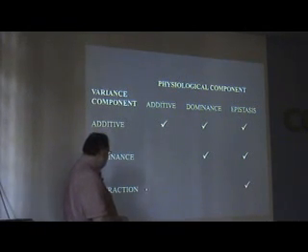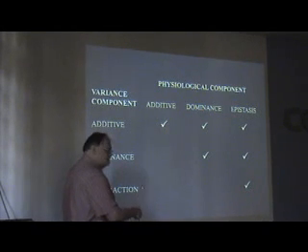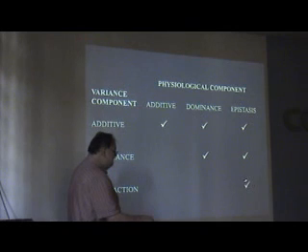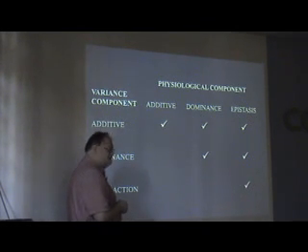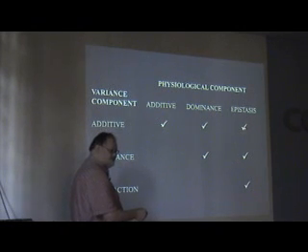People have traditionally looked for epistasis using this interaction variance. And of course, if there is epistasis, there will be an interaction variance. But as you saw from the equations, epistasis also contributes to the dominance variance and the additive variance.